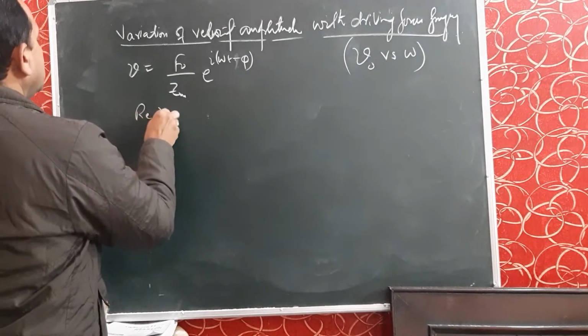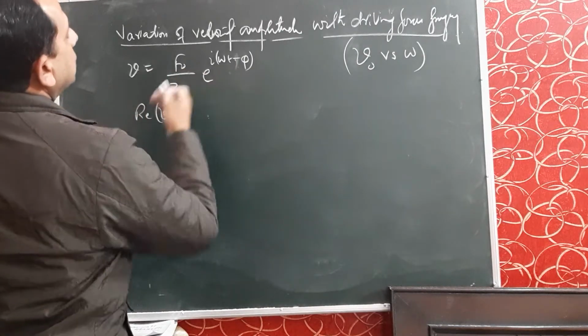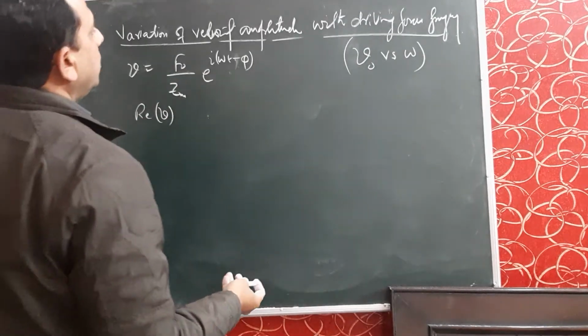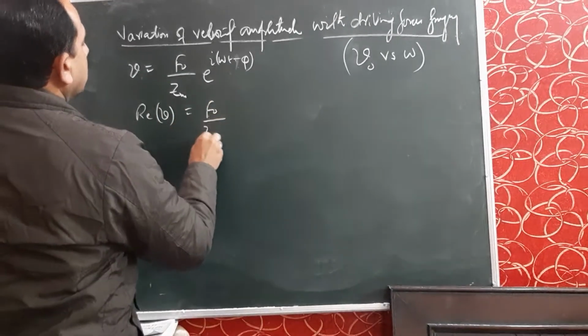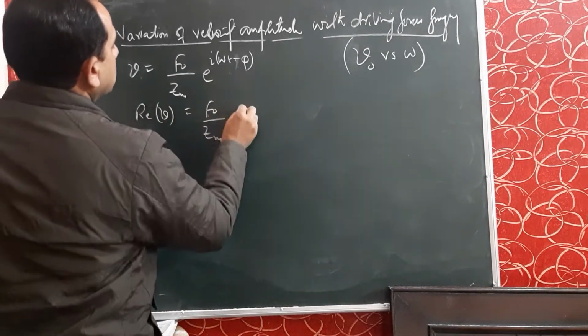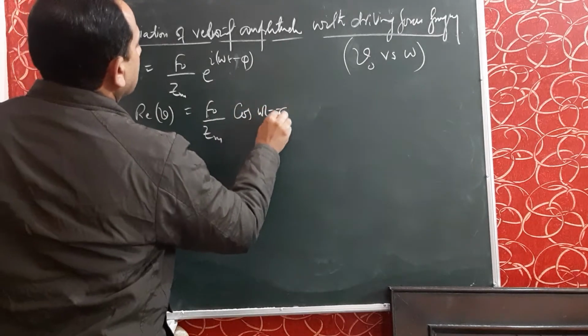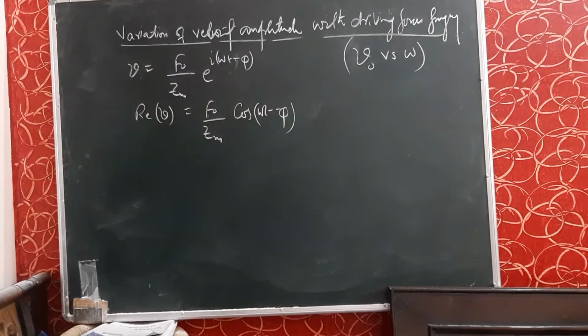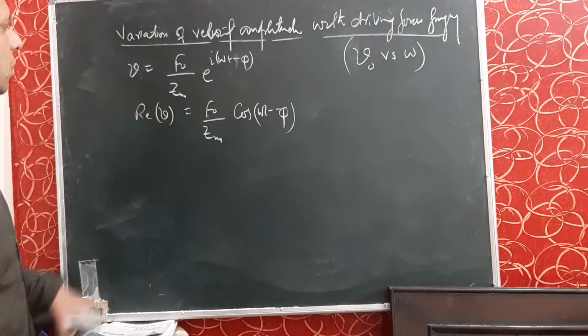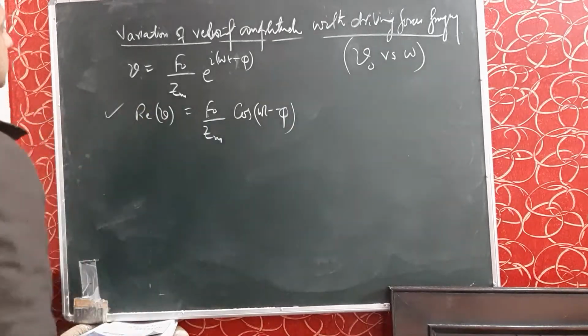When we split e power iota theta as cos theta plus iota sin theta, the real part of velocity becomes F naught upon Zm into cos of omega t minus phi, because iota sin will become the imaginary part. So, we are only concerned with the real part of velocity.